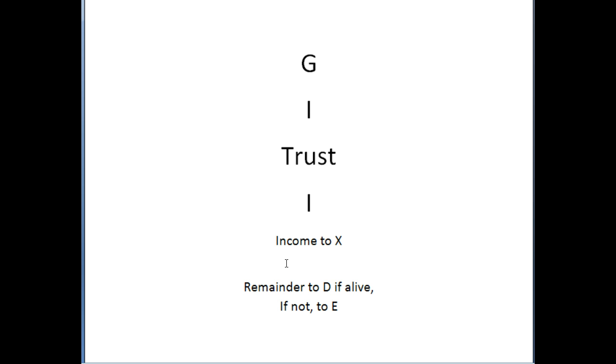Now let's just talk a little bit about successive interest in property, which is successive interest, as we discussed in the discussion sessions, are your remainder and your income interest.